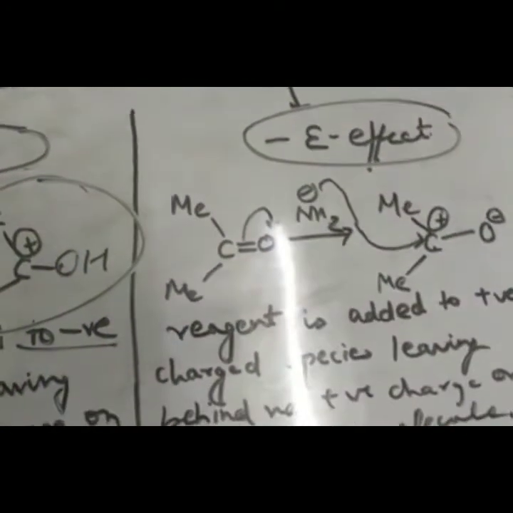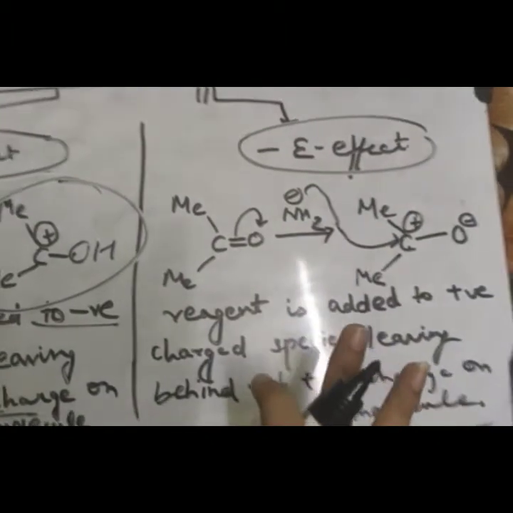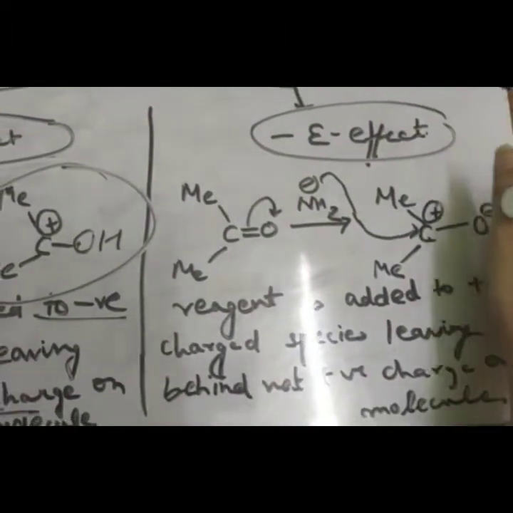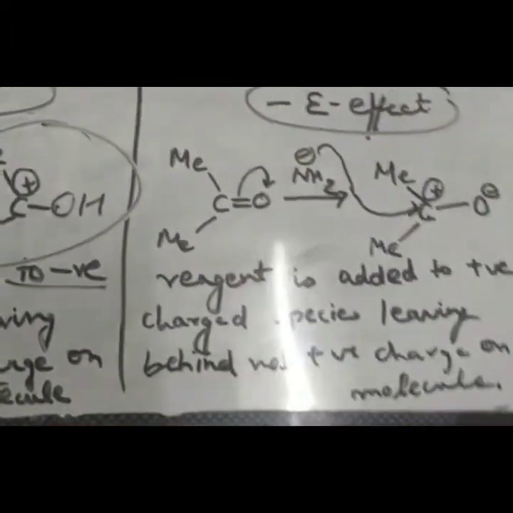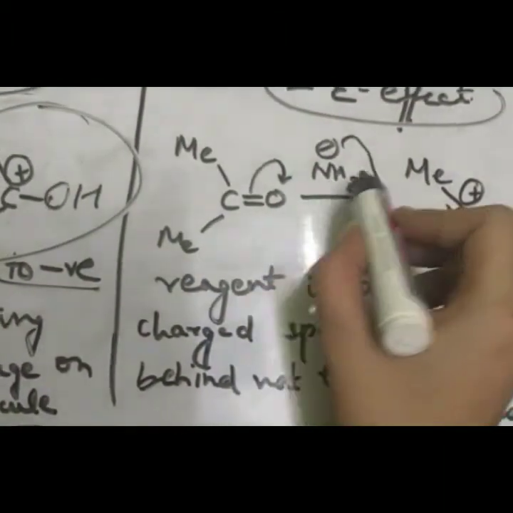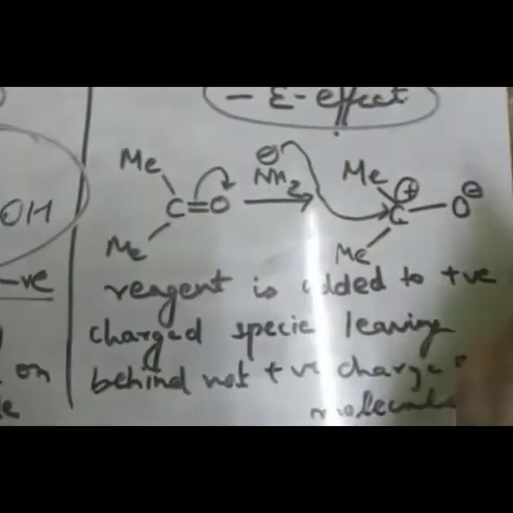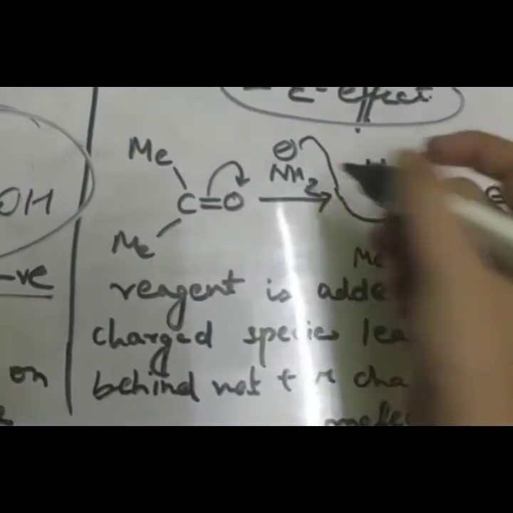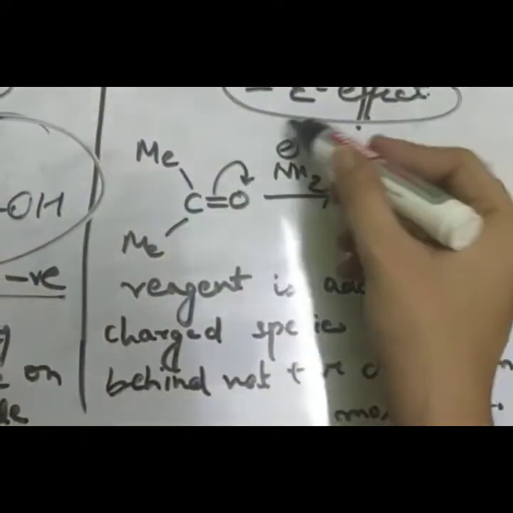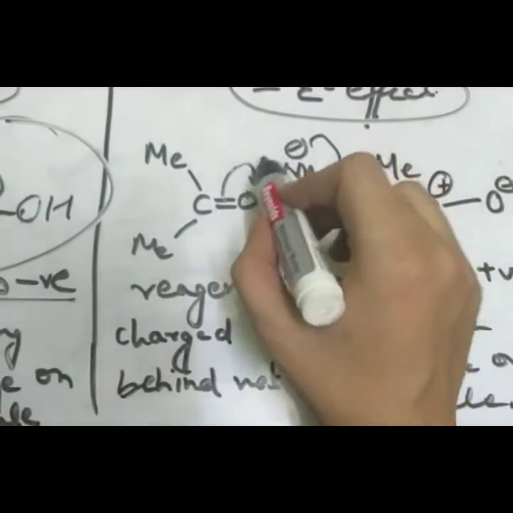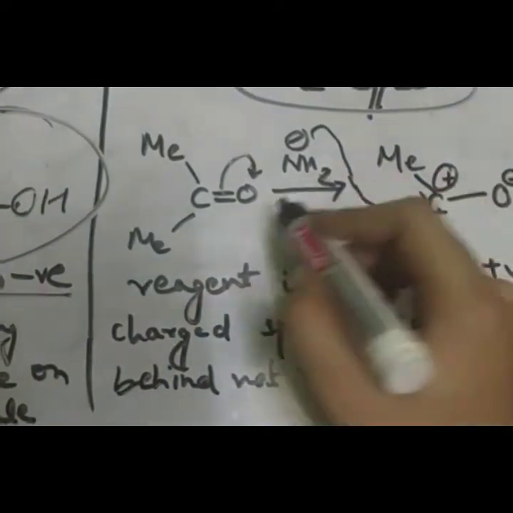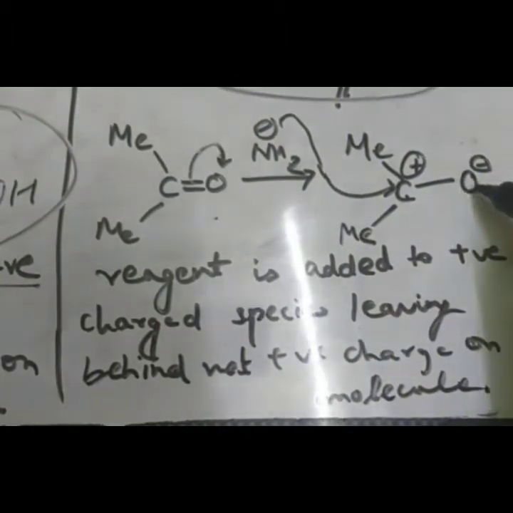Moving on to minus E effect. In minus E effect, a nucleophile is added to the molecule. We can see how. Here amide is getting added. Amide is again nucleophilic in nature because it has a negative charge, it has more electrons. As soon as the reagent is added, the electron density is shifted to the more electronegative atom, which is oxygen here, so it attains a negative charge.